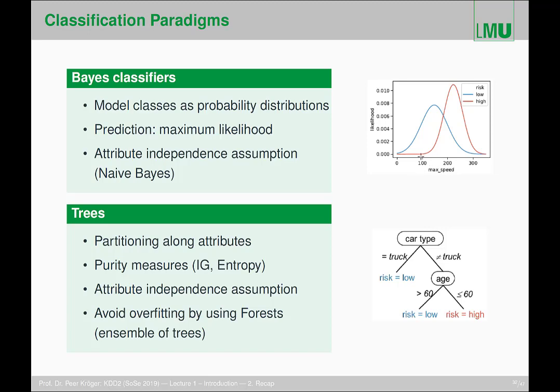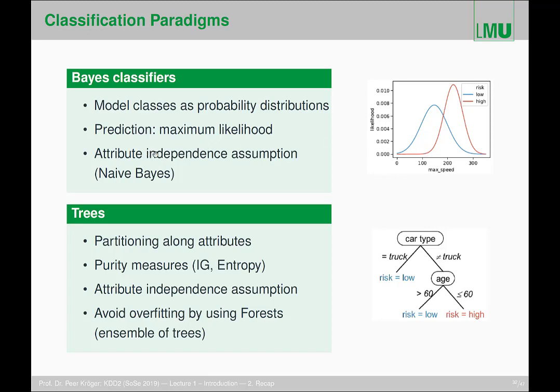And well, if we have a maximum speed of 100, you see the likelihood of being high risk is very low, and the probability of being low risk is very high. So we would pick blue in that case.